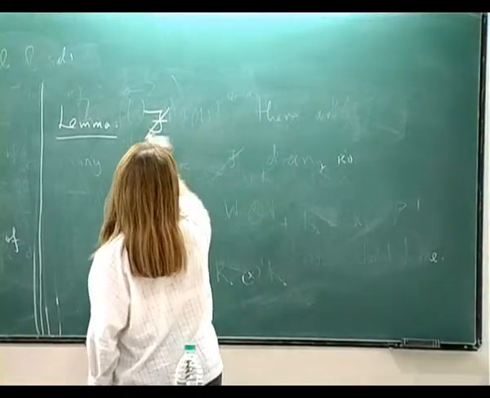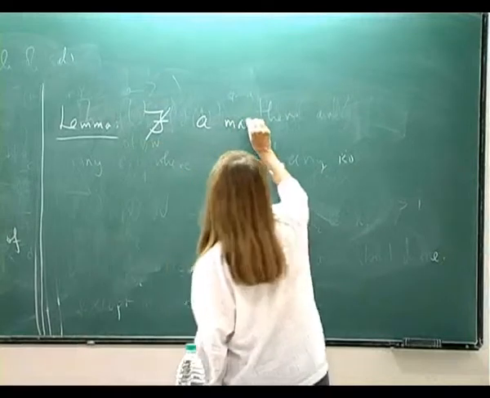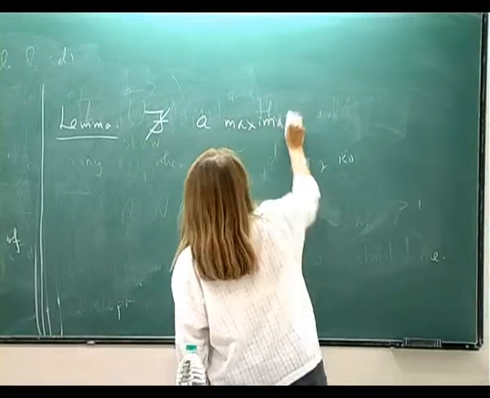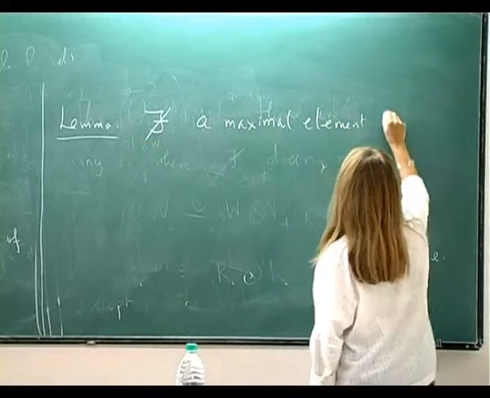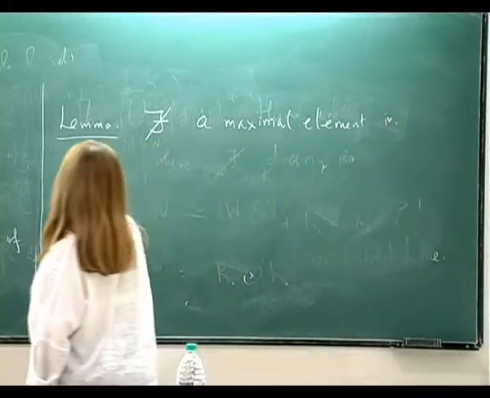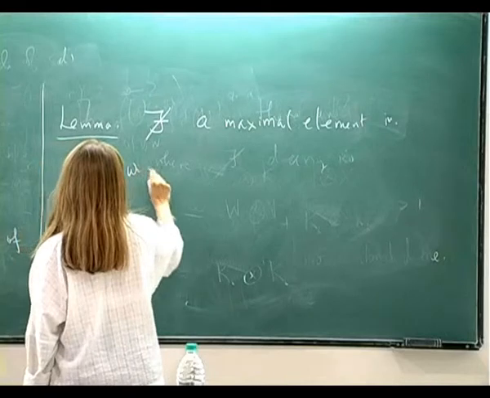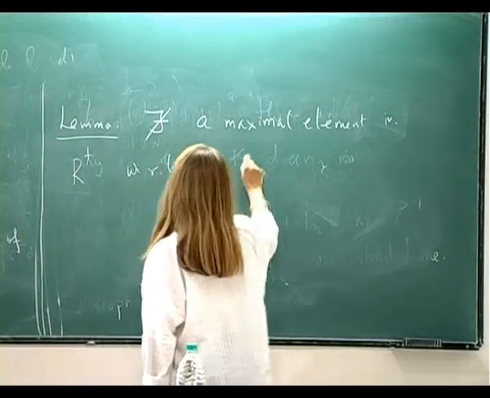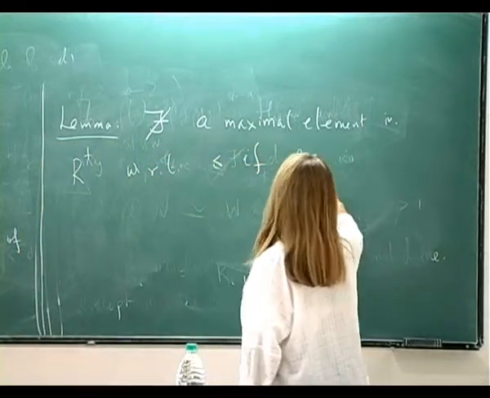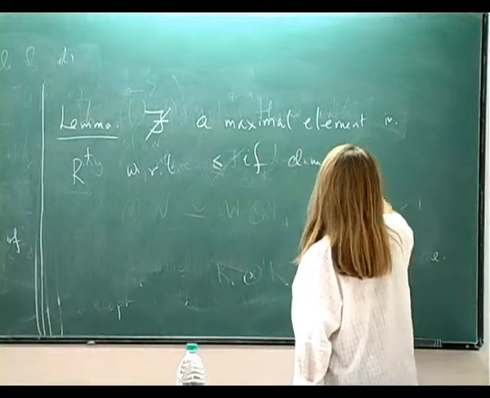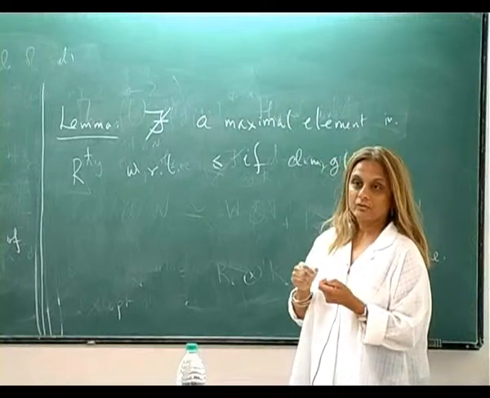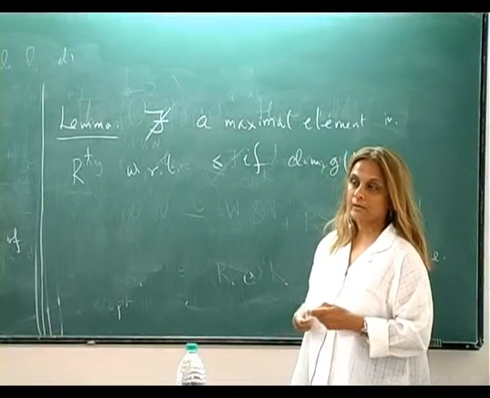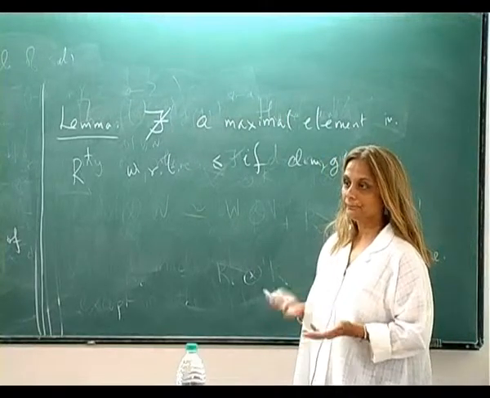There does not exist a maximal element in R plus with respect to less than or equal to if the dimension of GA is infinite. That means if you take any positive root, you can add some simple root to it and get a bigger root. Okay?